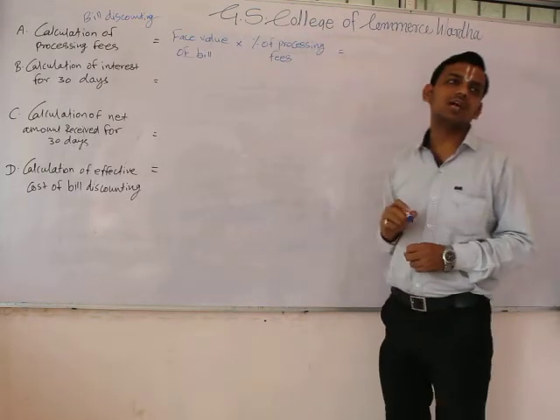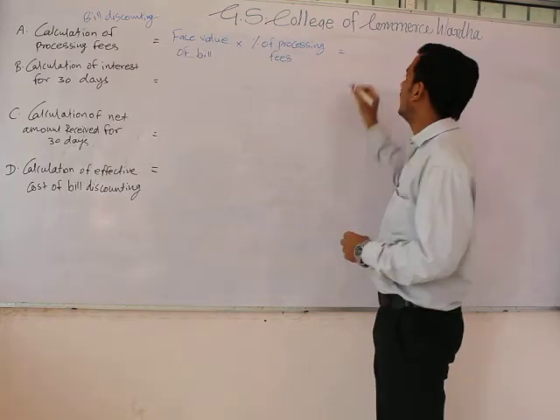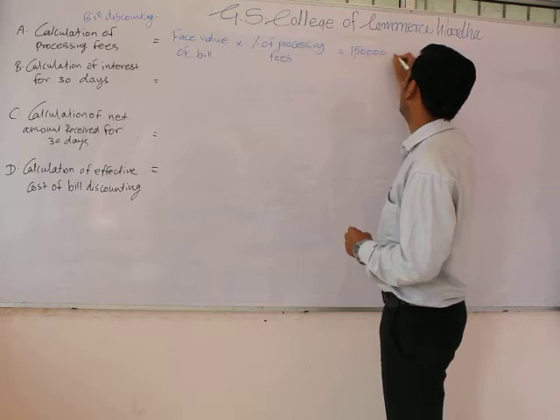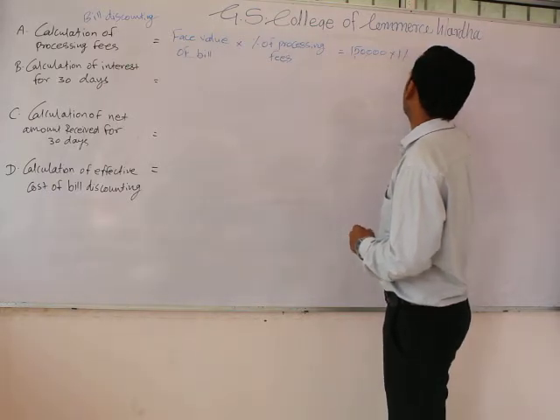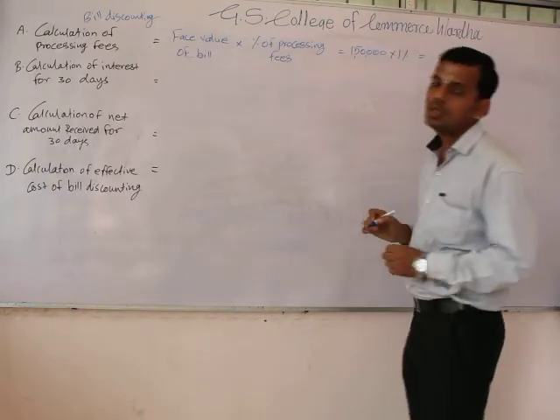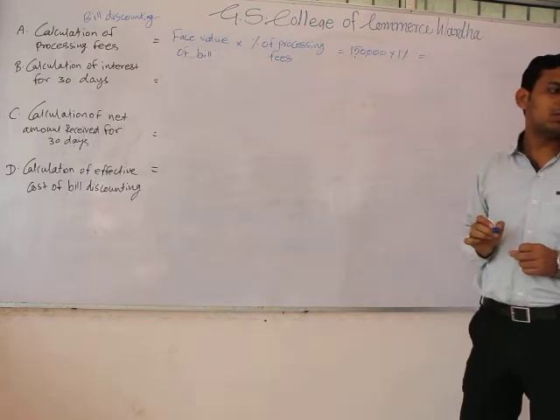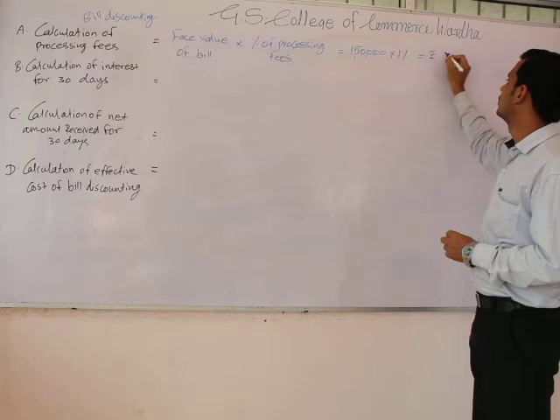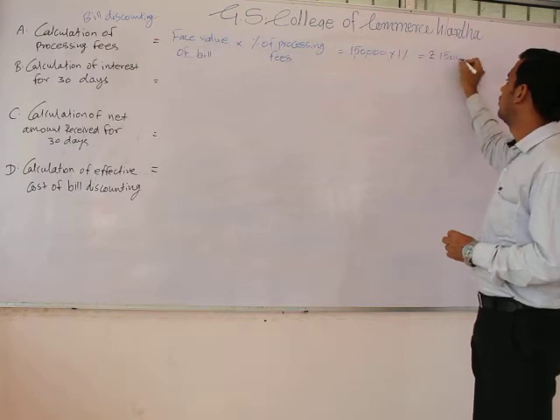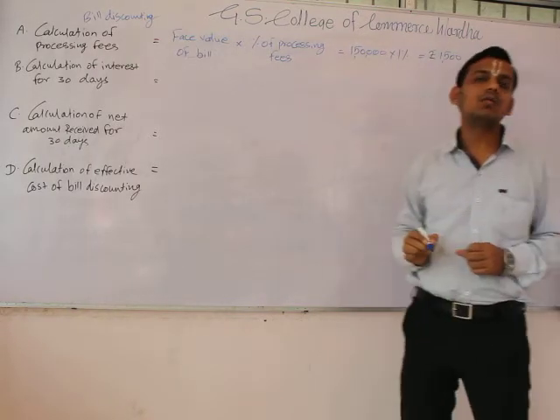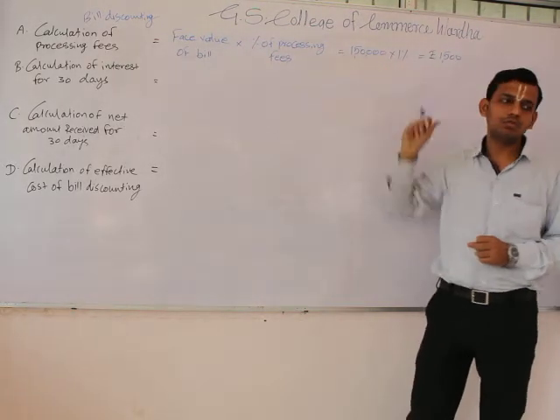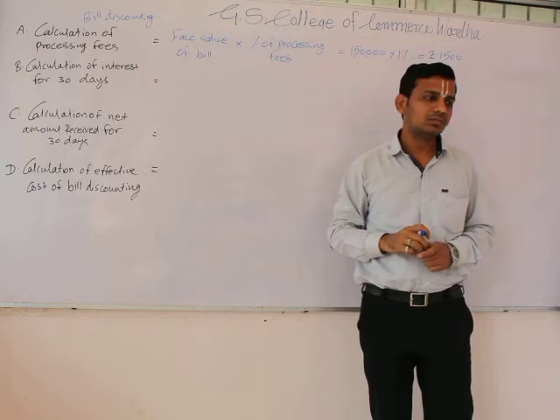The question says that the bill is of rupees 1,50,000, so the face value of the bill is 1,50,000 into 1%, which was assumed to be the processing fees. Therefore 1,50,000 into 1% is equal to rupees 1,500. That is our processing fees. Simple, face value multiplied by processing fees percentage.